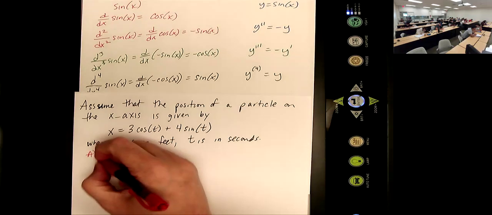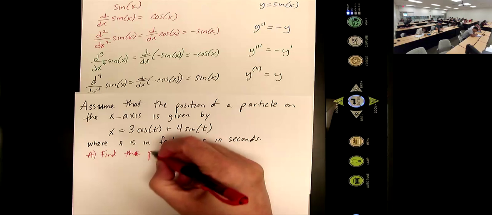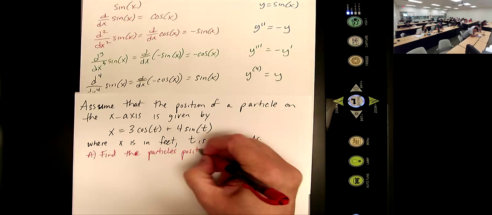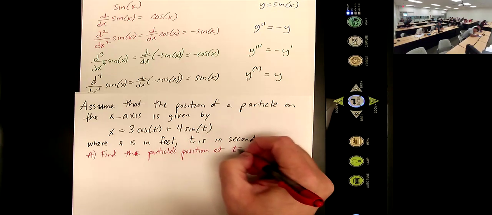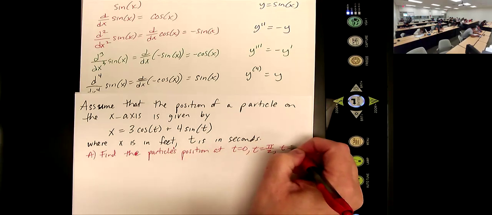Part A, we will find the particle's position at t equals 0, t equals pi over 2, and t equals pi seconds.